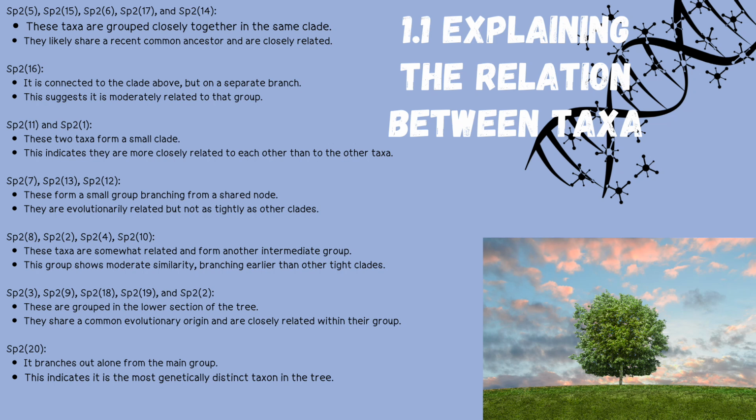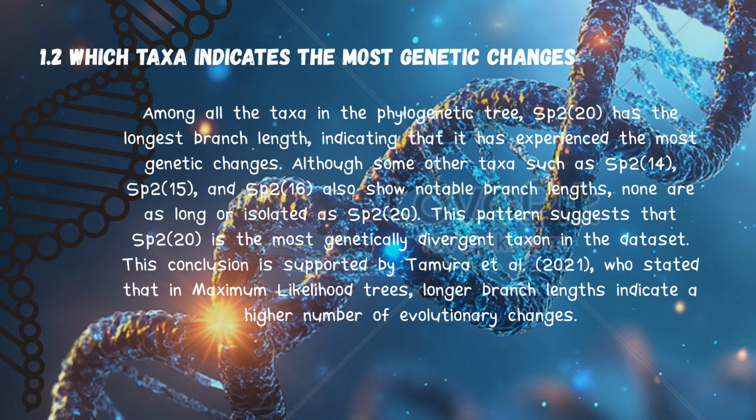The tree shows how all the taxa share a common ancestor at the same point but evolve at different rates and directions. The taxon sp2 20 shows the longest branch length in the phylogenetic tree, indicating that it has undergone the most genetic change compared to the other taxa.